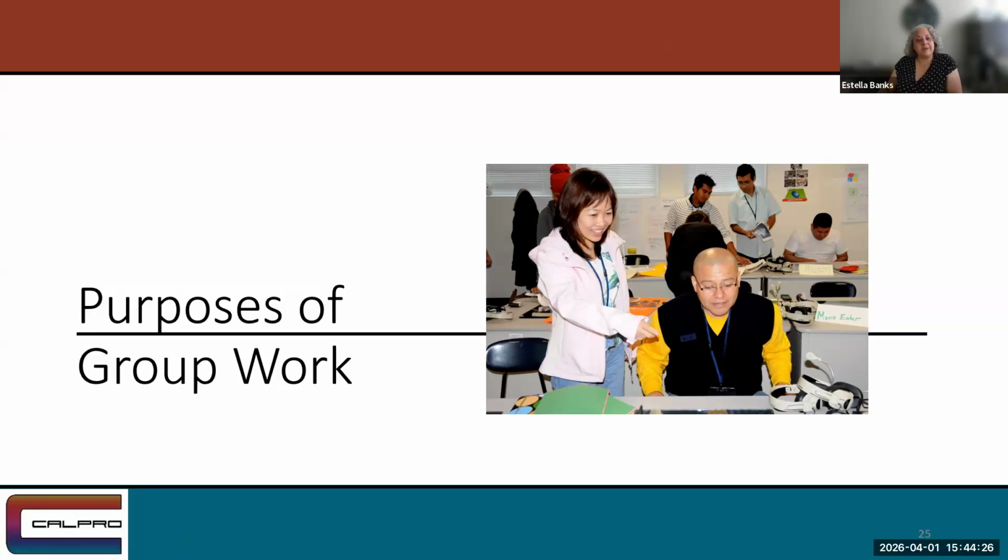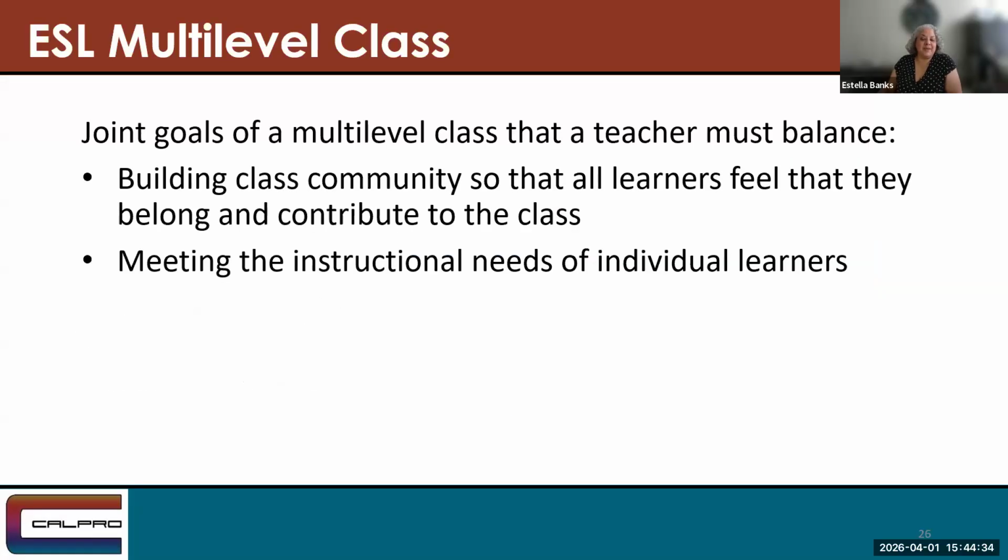You'll work more with grouping strategies before session 2. So this is setting the stage. Grouping students in a multi-level ESL class assists in addressing joint goals: building classroom community so that all learners feel that they belong and contribute to the class, and meeting the instructional needs of all learners.